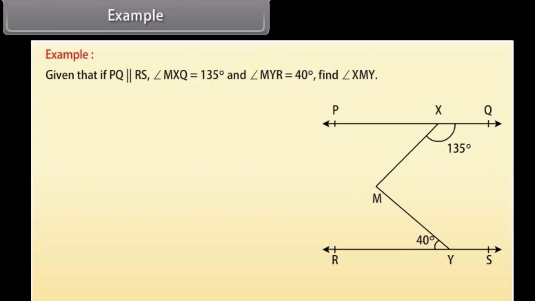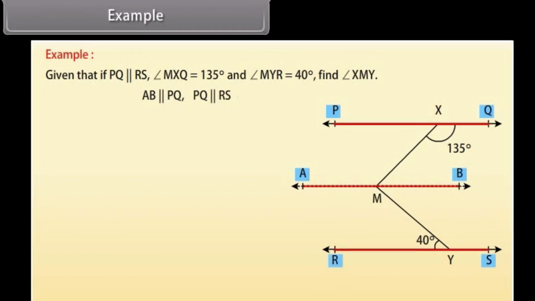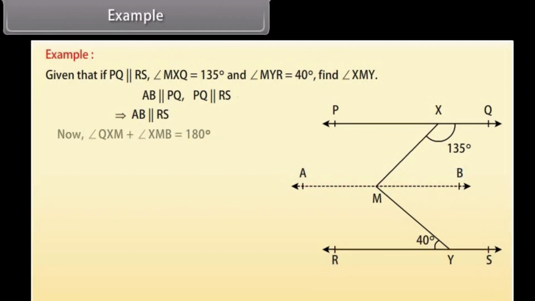For solution, we need to draw a line AB parallel to line PQ through point M. Now AB is parallel to PQ and PQ is parallel to RS. Therefore, AB is parallel to RS because two lines parallel to the same line are parallel to each other. Now, angle QXM plus angle XMB is equal to 180 degrees.